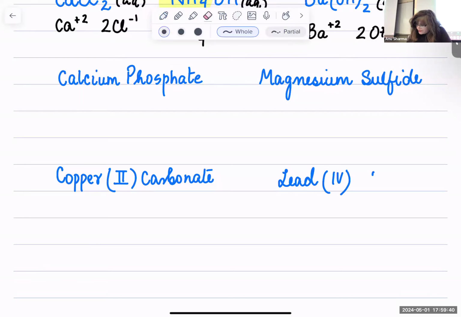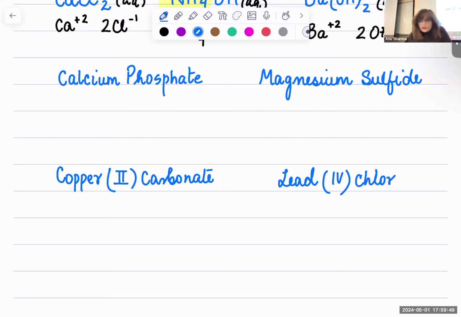Lead 4 chlorate. Do you have that chlorate in your notes? Is chlorate on the table? Sometimes it's not there. Or just do chloride. Let's do it as chloride. Lead 4 chloride. Okay, let's write down the formulas of these.